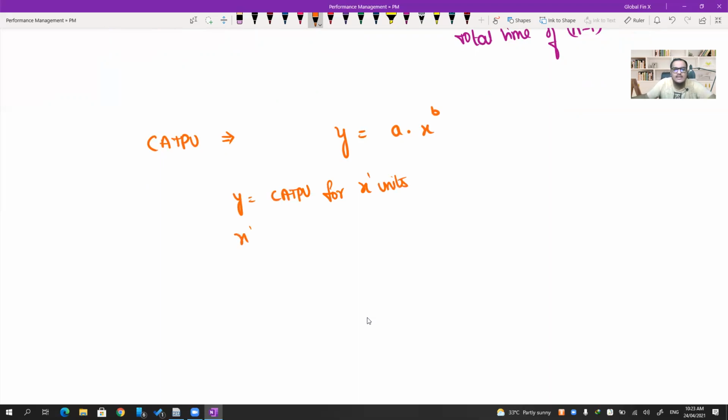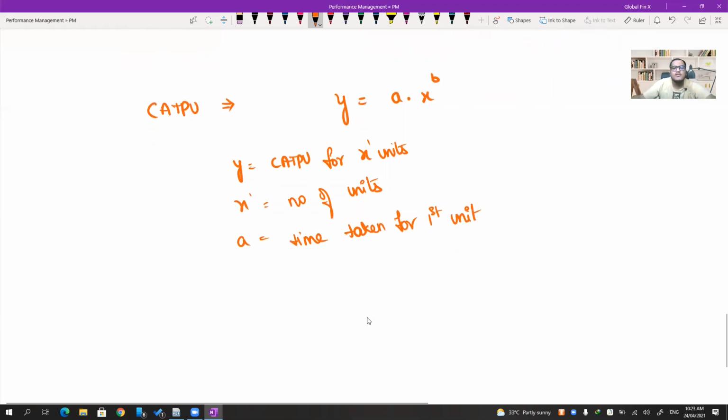That means x is the number of units. A is the time taken for the first unit. Sir, simple only na. First unit takes 20 minutes. X power b is the learning factor, that is 90%.